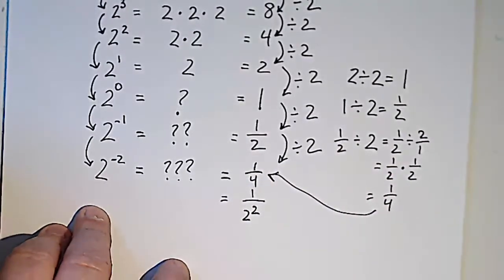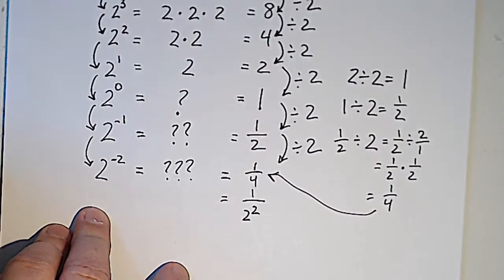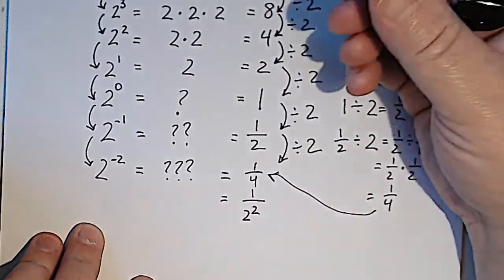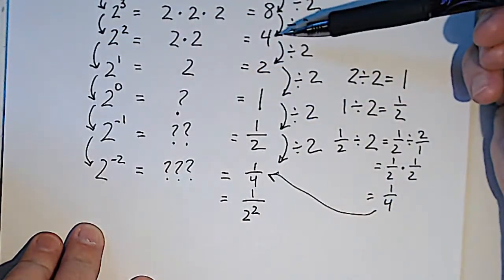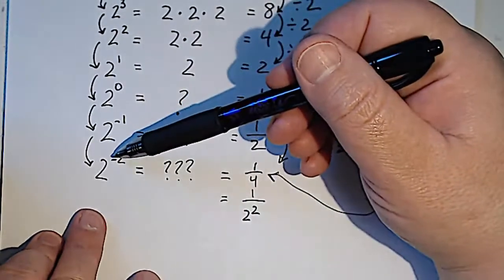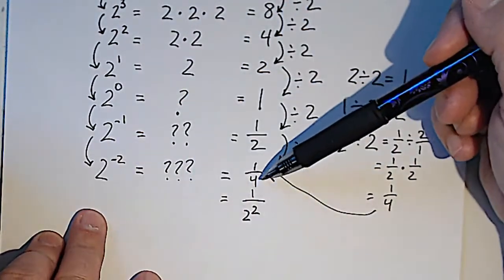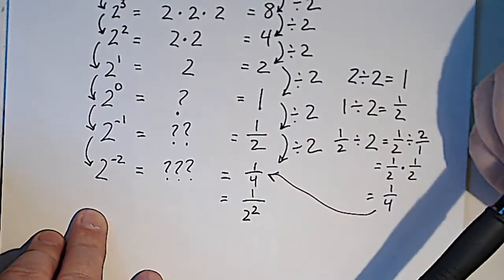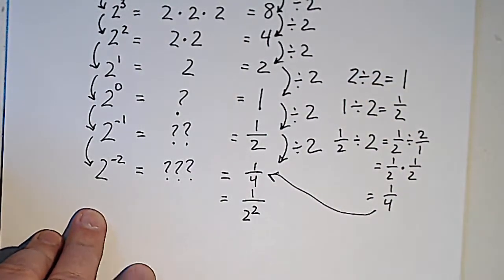Now, this is starting to get really interesting. So in other words, if I have negative exponents, it works just like positive exponents. 2 squared gave me 4 up here. 2 to the negative 2 gives me 4 in the denominator. So negative tells me we're in a different place. We're not upstairs, we're now downstairs.